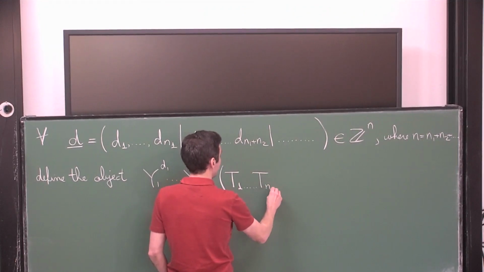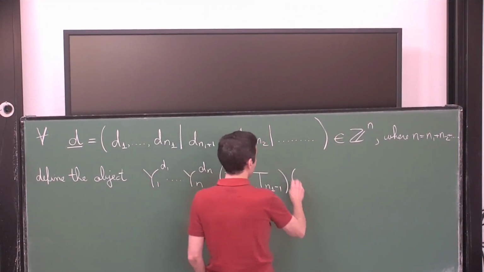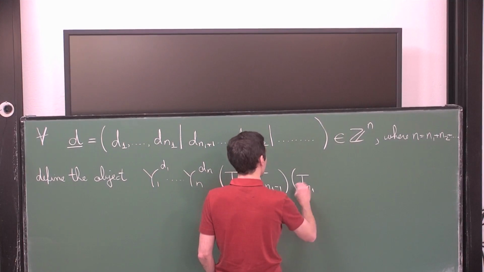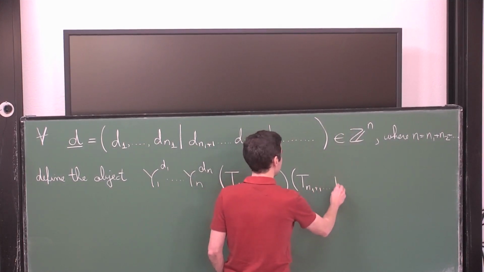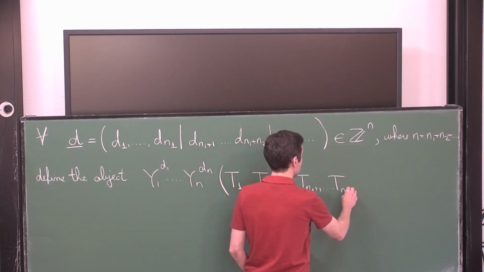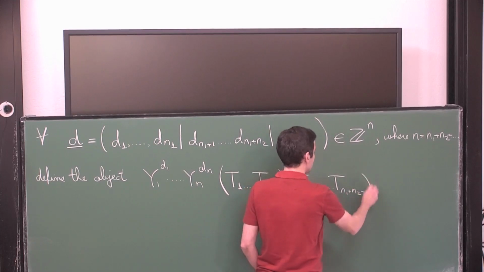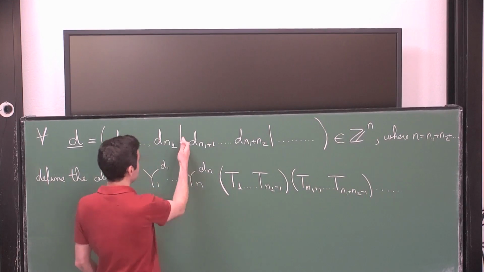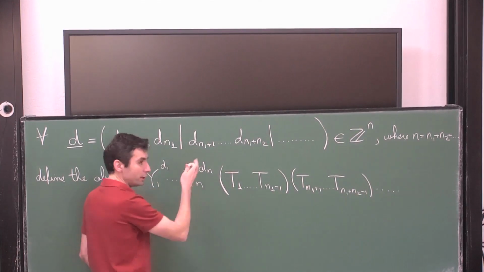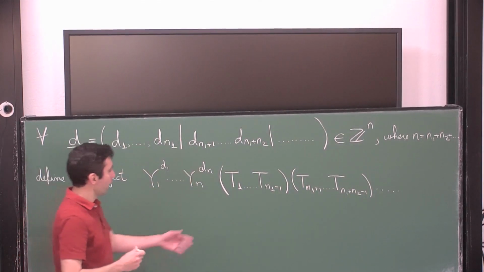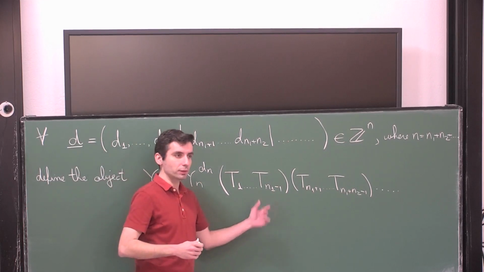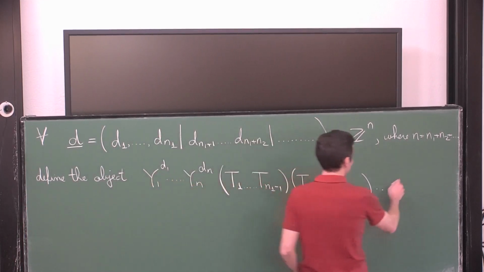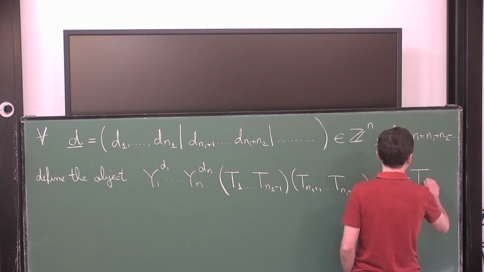So take the first n1 minus 1 t's, then jump 1 t, and then take the next n2 minus 1 t's, and just do this for essentially every part of this composition. So the composition is essentially telling you which t's to throw out from the product. So what you have over here is a subword of the Gaussian word.